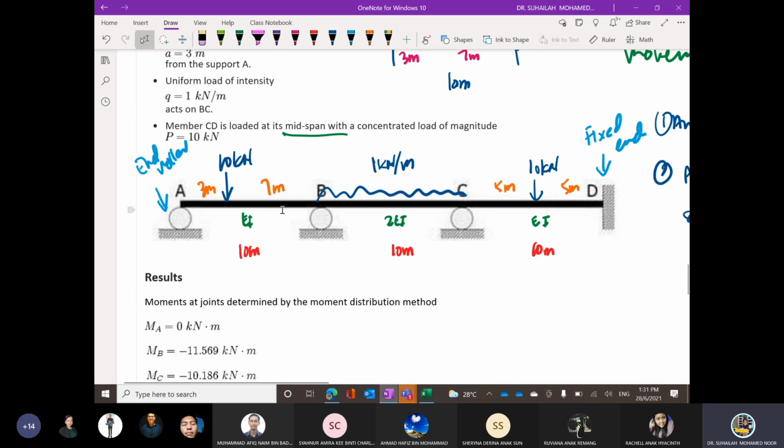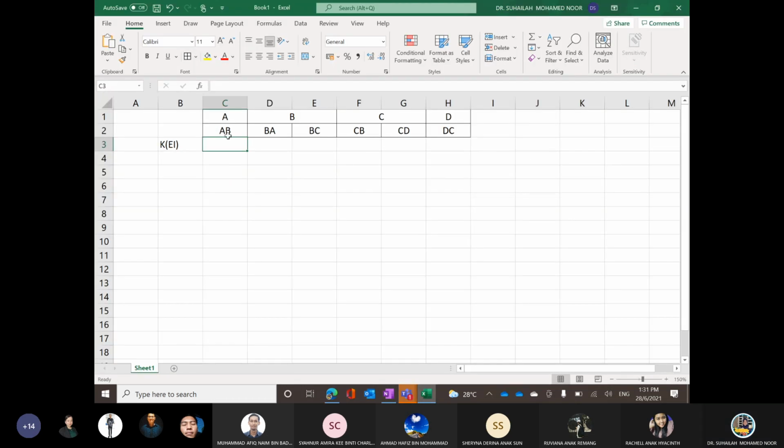So for AB, we use 3EI over 10, and EI here is 1. So it is 3 over 10, 0.3. This is the same value because it is the same element.